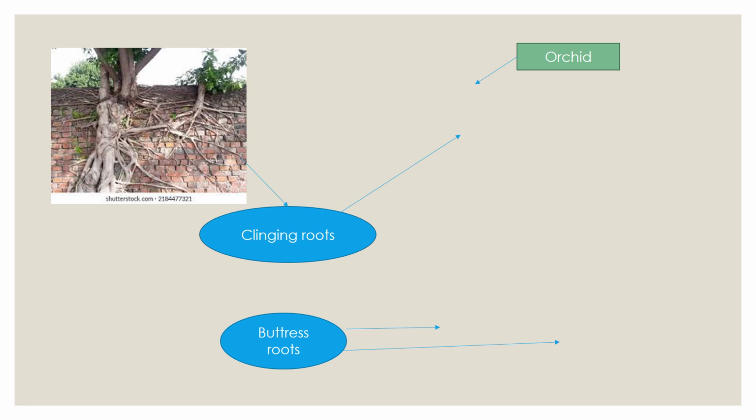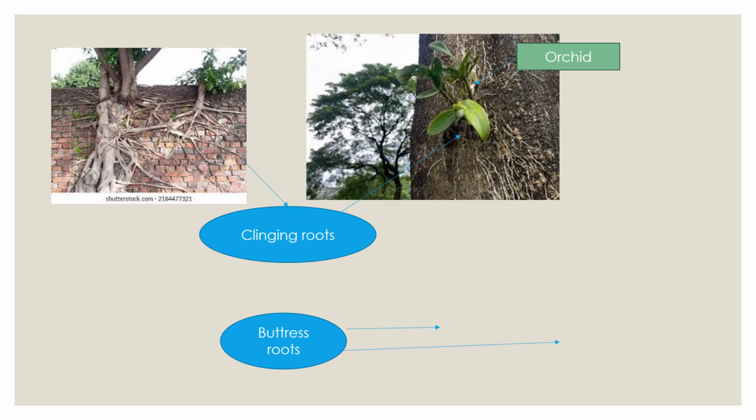And also in orchid, in this situation of orchid, the support is another plant. Okay, and the climbing root supports it by sticking firmly to the other plant.